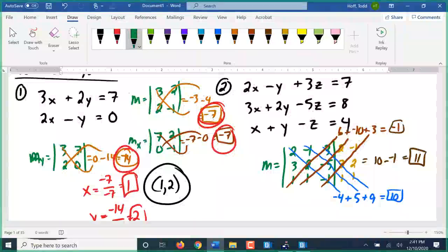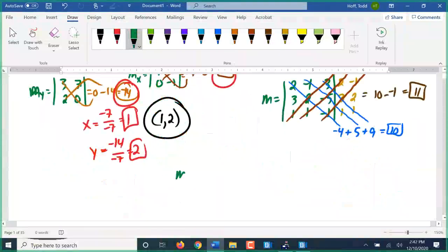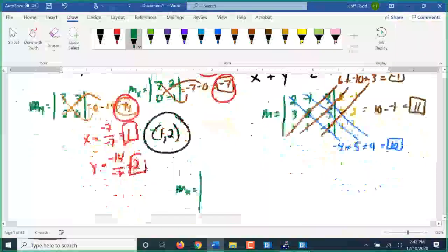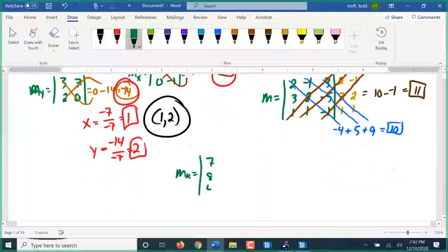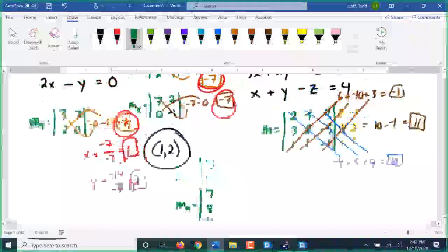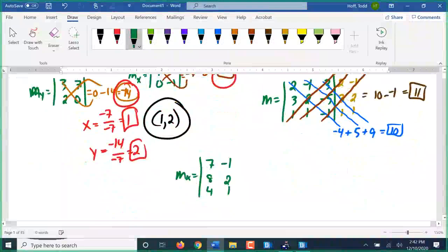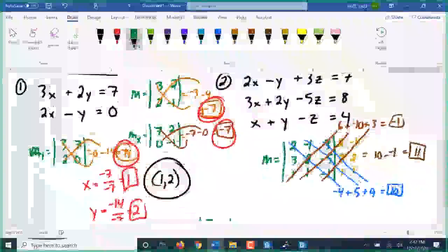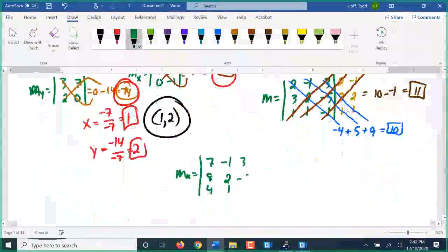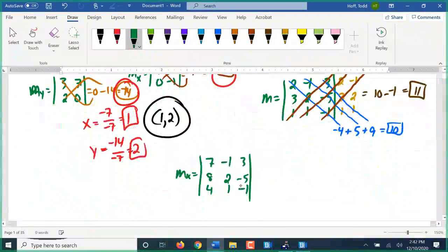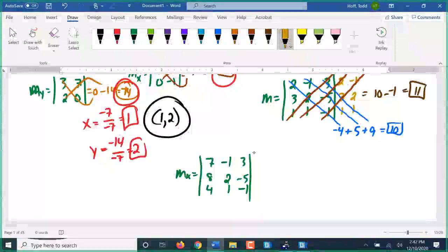Now let's do the X matrix. We get the constants 7, 8, 4. The Y values, negative 1, 2, 1. Z's, 3, negative 5, negative 1. And of course, we rewrite those first 2 columns.